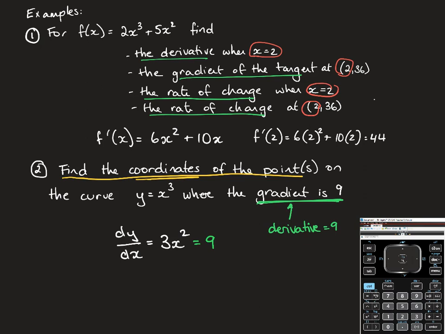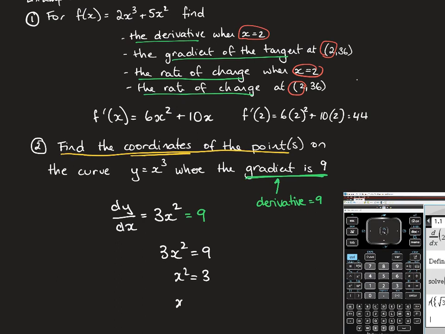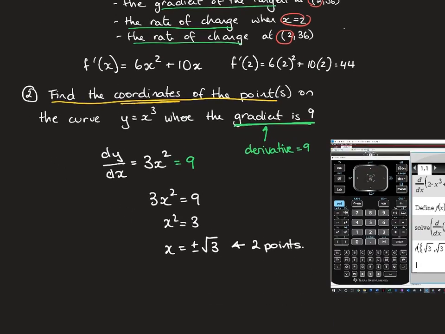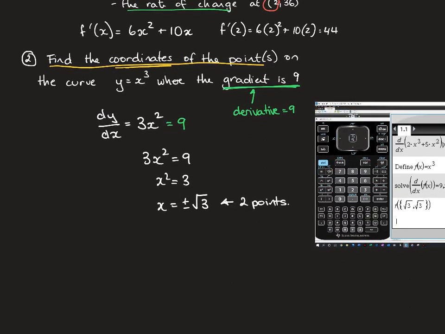And so what we have now is an equation that we can solve to find the x coordinate of the point. So divide both sides by 3, square root both sides, and you'll get x is equal to plus and minus the square root of 3. So we've actually got 2 points here, one with an x value of root 3 and the other with an x value of negative root 3.